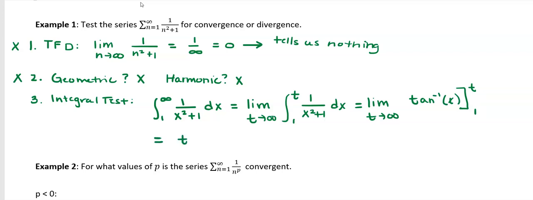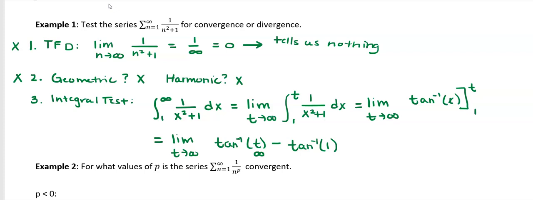So we'll get, I keep forgetting to write my limit statement, arctan evaluated at t minus arctan evaluated at 1. Now we can use the idea of the limit to say, okay, well, we're really looking for when arctan is equal to infinity. So at what angle does the tangent equal infinity or have some sort of asymptote?